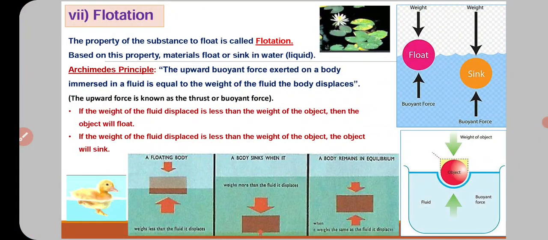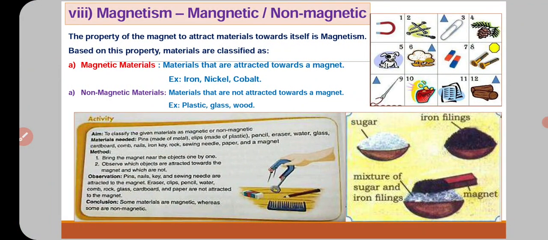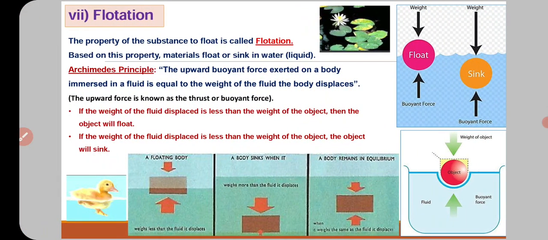Okay. So flotation. We all know that sometimes a boat sinks. Buoyant force helps the weight to float. This is a property. I'll just tell you about flotation, so it will be better for you.